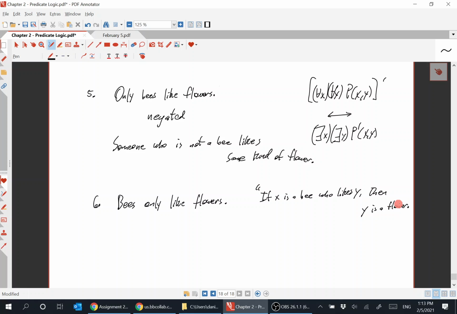Bees only like flowers. They don't like anything else. They don't like their hive. They don't like their queen. They don't like their fellow workers. They don't like honey. They don't like stinging people. Nothing. They just like flowers. So that's like saying if it's a bee who likes y, then y is a flower, and it's universally quantified in x and y.